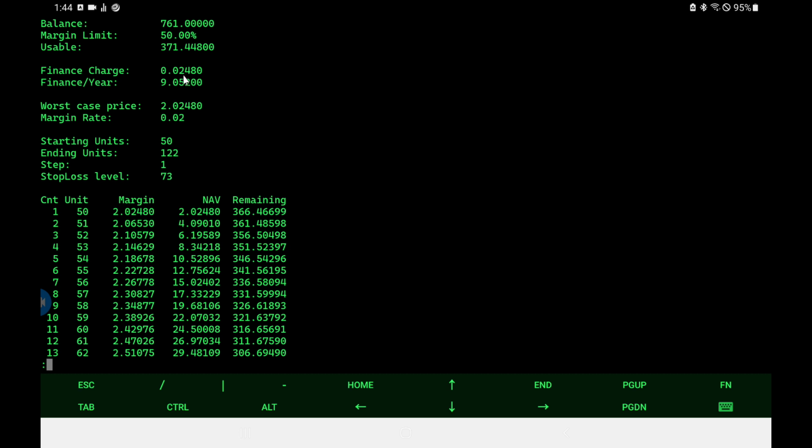I figure out my finance rates, I figure out my worst case pricing, how much my margin rates are going to be, and finally I do the mathematics to figure out how many positions I'm going to purchase. In this case, my maximum number of positions for this asset is 73.